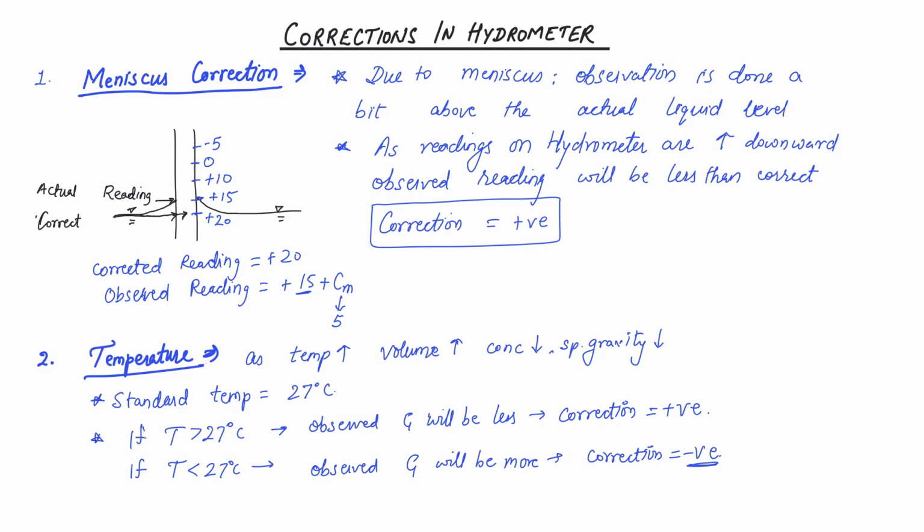Now let us move ahead to the third correction. The third correction that we provide is because of the presence of a dispersing agent. What is a dispersing agent? It is an additive that we add to help the small fine-grained solids stay in the individual or dispersed form.